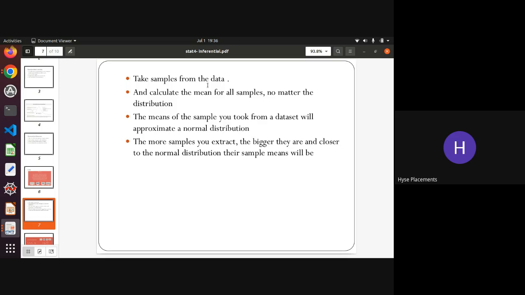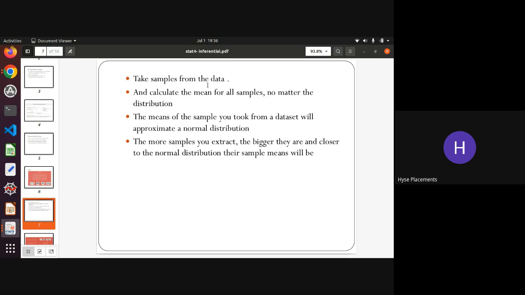So we get closer to the normal distribution if we take more samples. That means extracting samples, grouping them and keeping them aside. Yesterday we took a sample set from 0 to 20, another from 20 to 40, another from 40 to 60, and another from 60 to 80, and in between we randomly took 7 to 27 or something, a different sample set again.